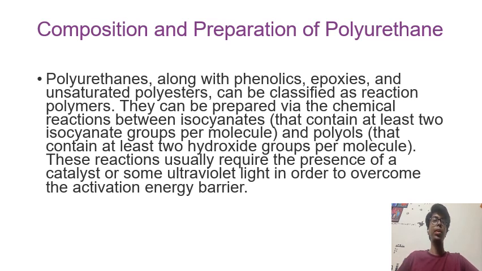They can be prepared via the chemical reactions between isocyanates that contain at least two isocyanate groups per molecule and polyols that contain at least two hydroxyl groups per molecule. These reactions usually require the presence of a catalyst or some ultraviolet light in order to overcome the activation energy barrier.